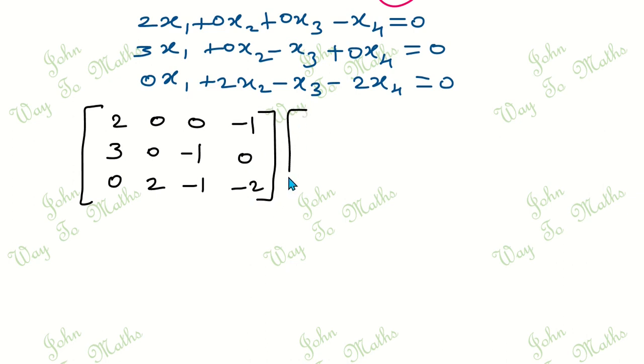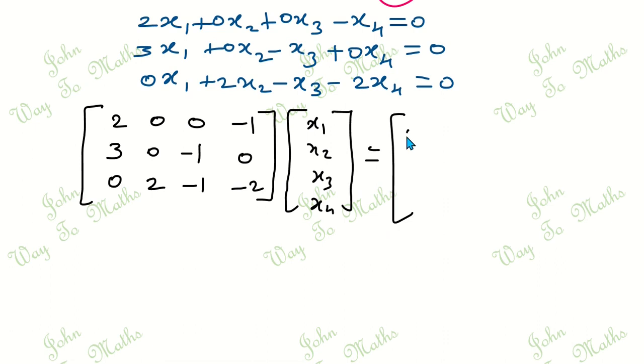Then the unknowns become x1 x2 x3 x4 matrix, which is equal to the constant matrix 0 0 0. Here I am going to give names for the matrices. This becomes capital A, this becomes capital X, which is equal to capital B. B is a constant matrix.